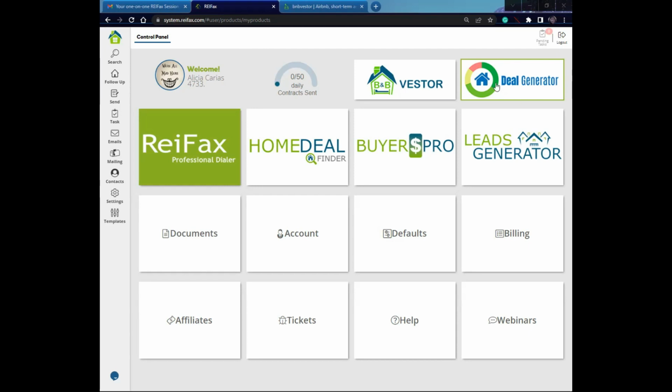Deal Generator is an app used for what's called driving for dollars. And BnBvestor is used to analyze information for the bed and breakfast market. And this is the one that we're going to talk about today.